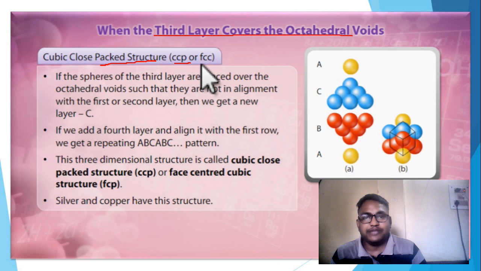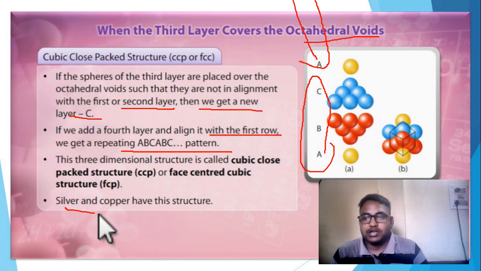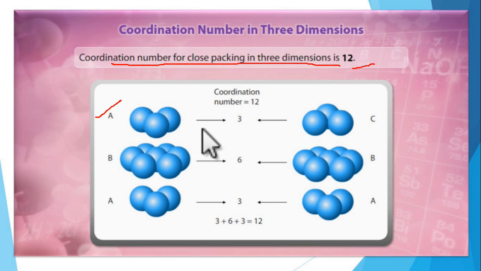So if the first row is called A, all other subsequent rows could also be called A, as they have a similar alignment and arrangement. This is also called AAA type of arrangement, because all the layers are similar in nature, as in horizontal, as in vertical. So this type of arrangement is also called AAA arrangement. Clear?